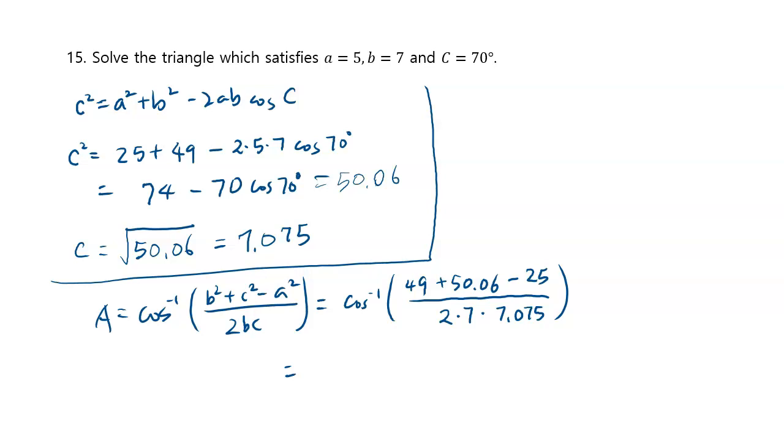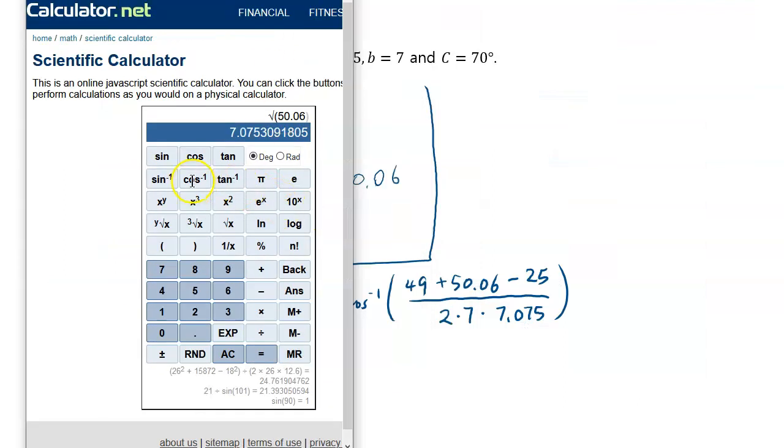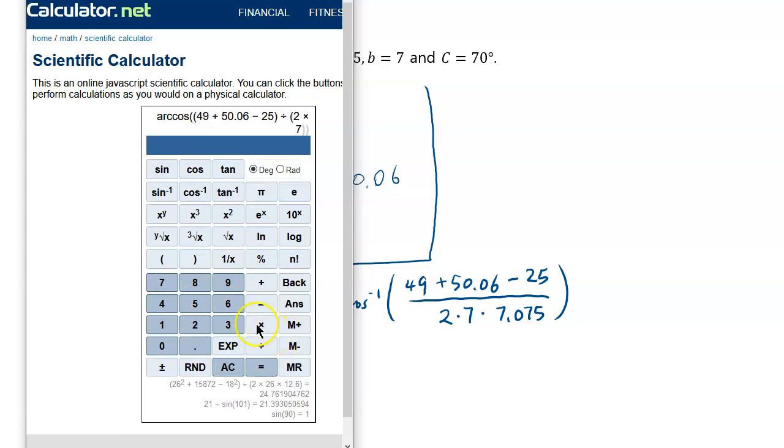Okay. So what's that? I want to do cosine inverse of the top, in parenthesis, 49 plus 50.06 minus 25, divided by another denominator, 2 times 7 times 7.075, parenthesis, and then parenthesis, and you get 41.61.